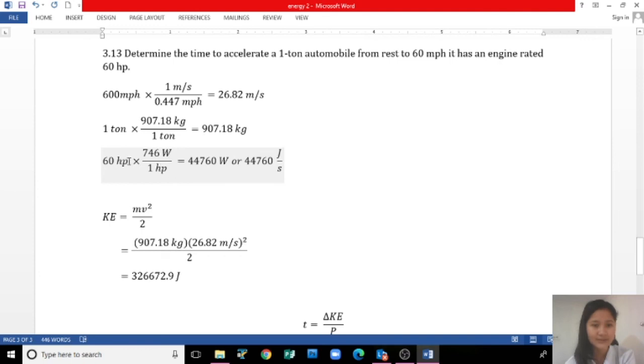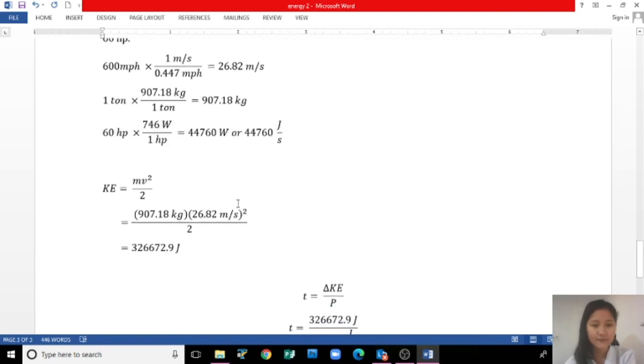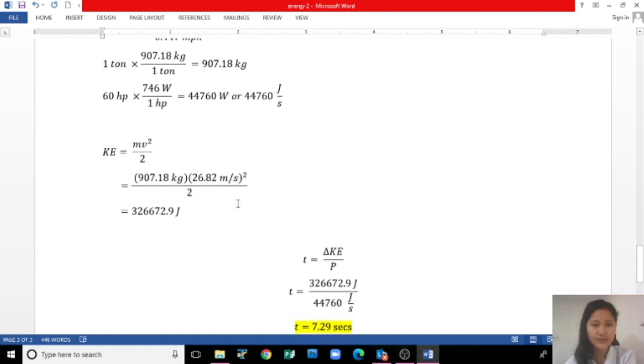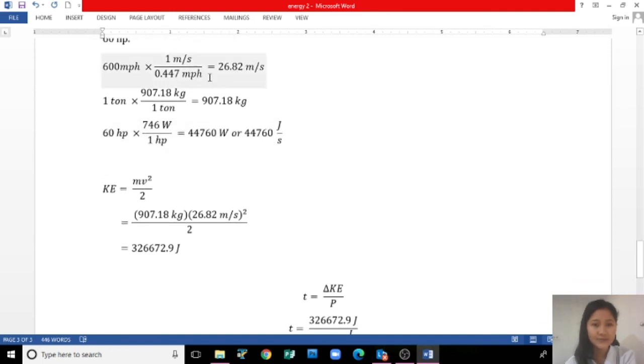So this will be cancelled, and therefore it is now equal to 44,760 watts or 44,760 joules per second.